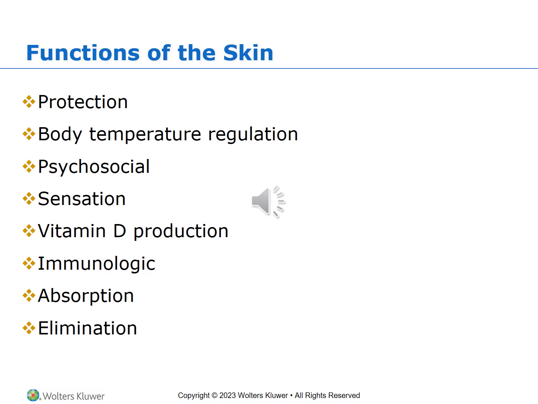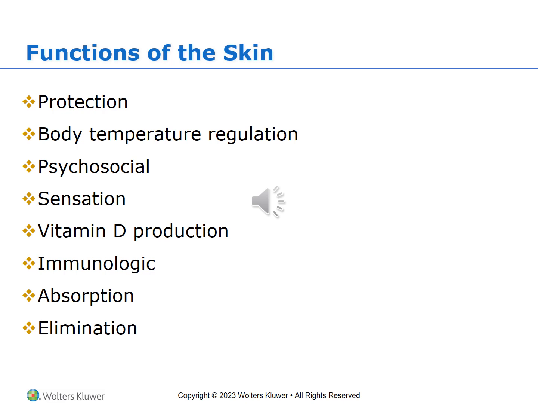All right. So for this slide, the functions of the skin, you want to know all the functions of the skin, and it begins on page 1149 at the very bottom, and then it goes over into page 1152. Table 33-1 is a nice chart. It has the functions of the skin, and then it talks about the mechanisms of the skin.